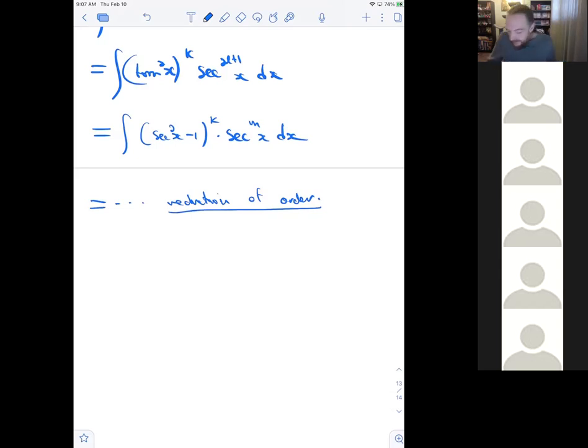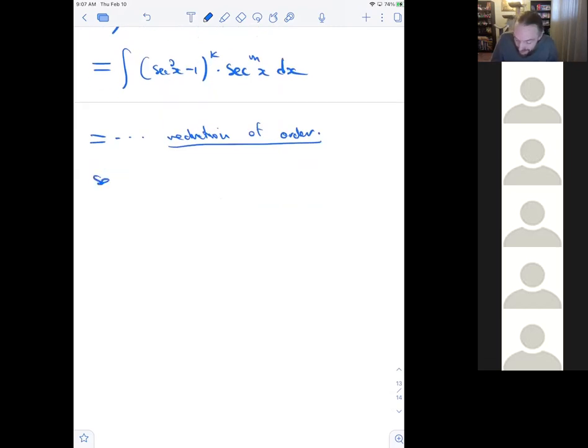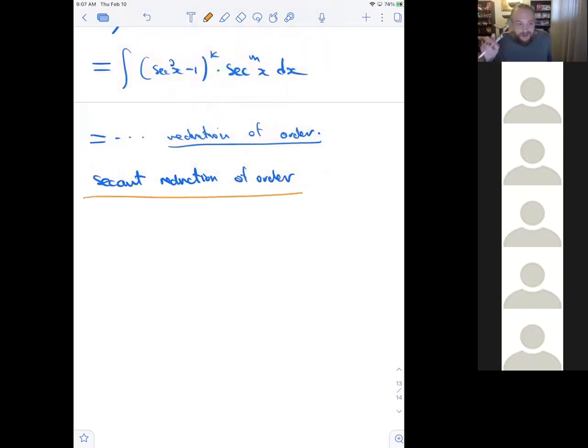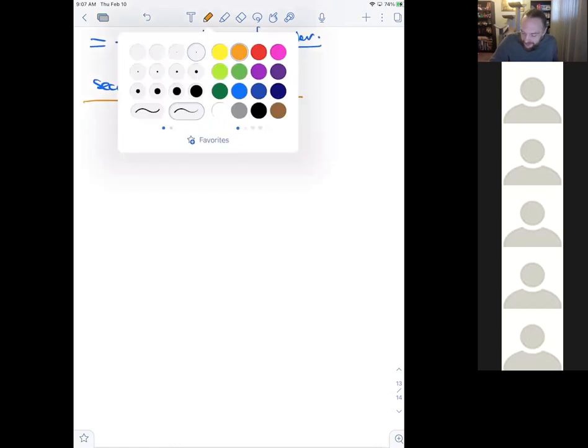Okay, let's do reduction of order. So let's do that for secant. What they mean by reduction of order is they're trying to reduce the power of the integral.